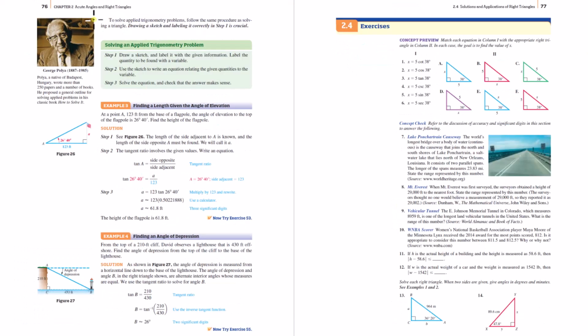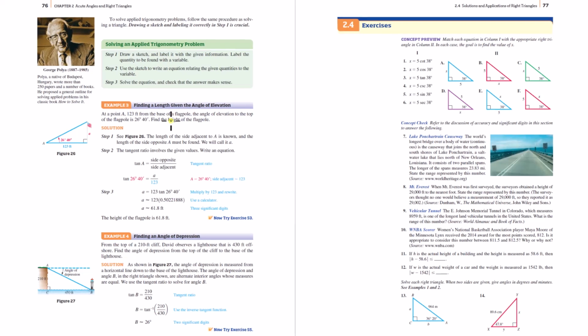Okay, just the problem-solving techniques here are outlined. Okay, finding a length given the angle of elevation. So if you're given an angle of elevation here, it says you can measure that you're 123 feet from the base of the flagpole, and somehow you know the angle of elevation from that distance to the top of the flag, then you can solve for the height of the flag, right, using trigonometry.